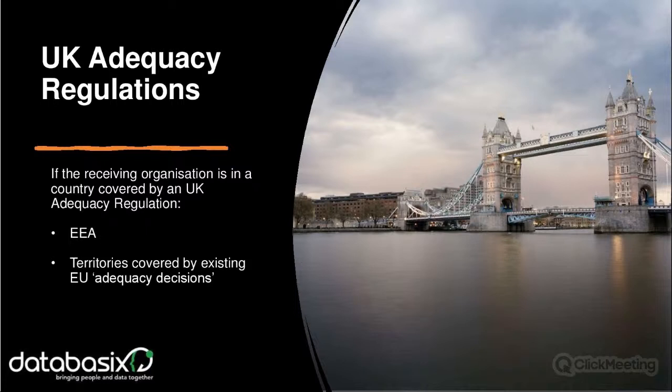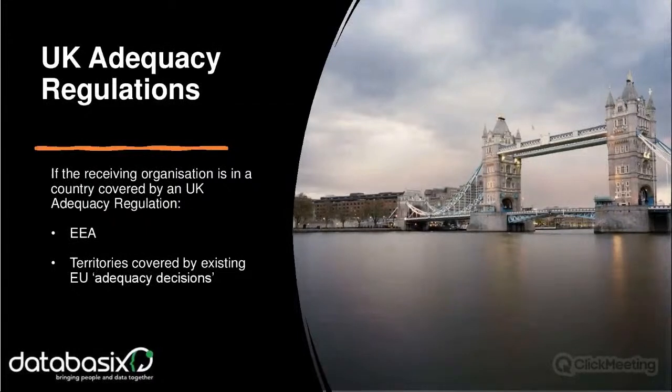So one of the ways that you can transfer data where you will not need to have an international data transfer agreement is where there is an adequacy regulation. Those of you that are familiar with EU GDPR will know of adequacy decisions. Here in our version of the GDPR, we talk about them as UK adequacy regulations.